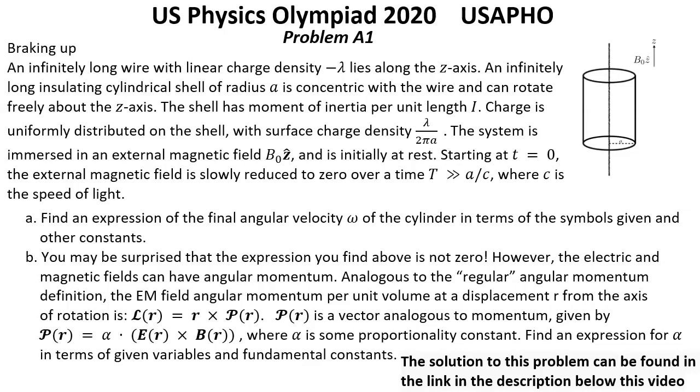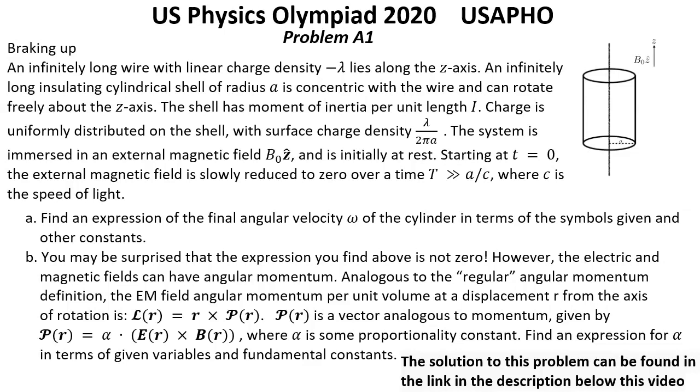Question B. You may be surprised that the expression you found above is not 0. However, the electric and magnetic fields can have angular momentum. Analogous to the regular angular momentum definition, the EM field angular momentum per unit volume at a displacement r from the axis of rotation is the cross product of r and p as a function of r.